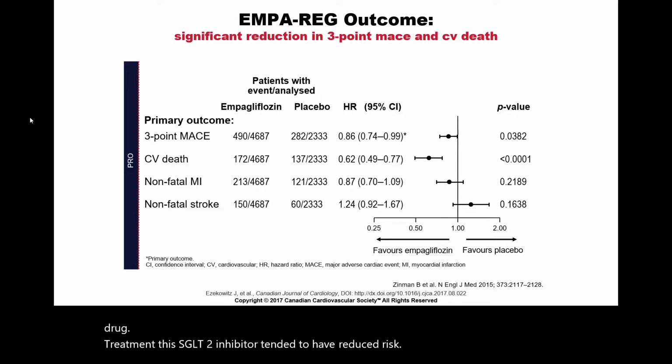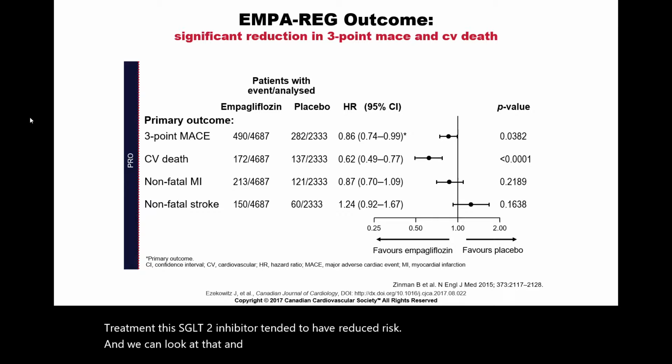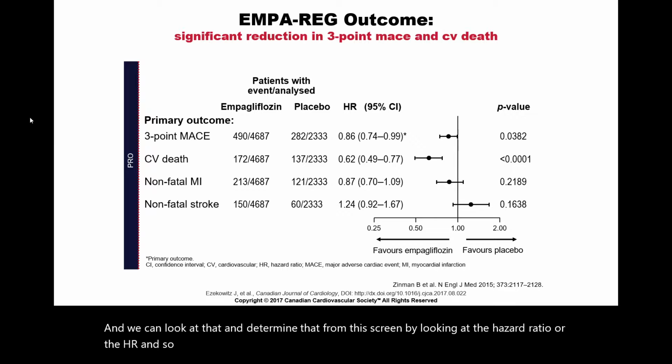We can determine that from this screen by looking at the hazard ratio, or the HR. Anytime that dips below 1, it suggests that there is a reduced risk for that particular outcome.